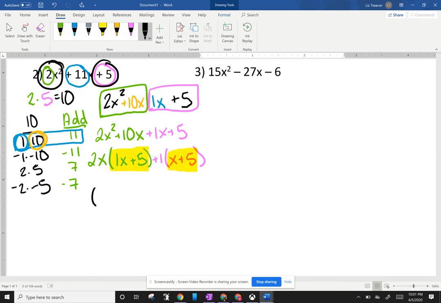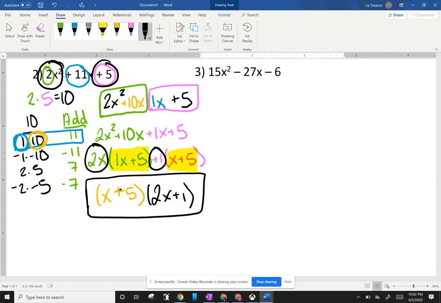So we get x plus 5 from that. And then we bring these two terms, 2x and plus 1. And that is our answer.